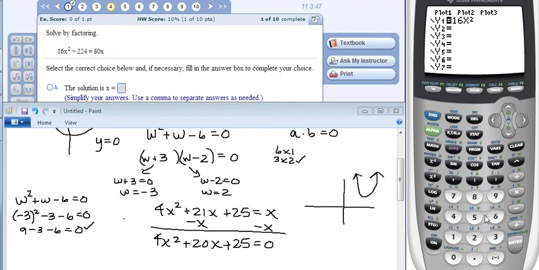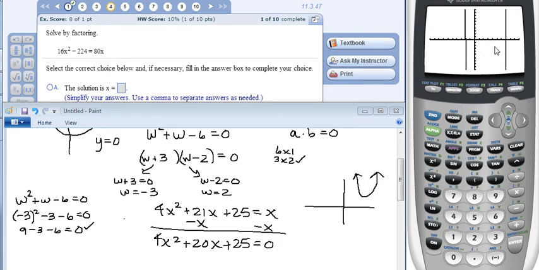So you might want to graph these first, just to see if you do have real answers. Let's take a look at the graph. I think it's probably way off. But no, well, yeah, it's pretty off. I was going to say these are some pretty big numbers, but it does cross in 2 spots. So you are going to get answers. Okay? All right.